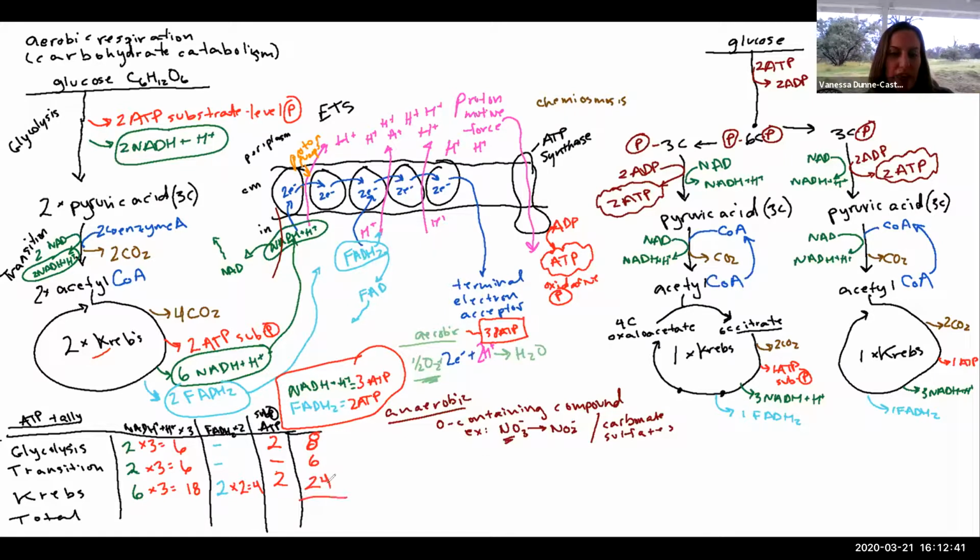And we'll add all that stuff up. 24 and 6 makes 30, plus 8 makes 38. Okay, and there it is. There's your 38 potential molecules of ATP generated through all of these steps, the complete oxidation of glucose using the central metabolic pathways of aerobic respiration.